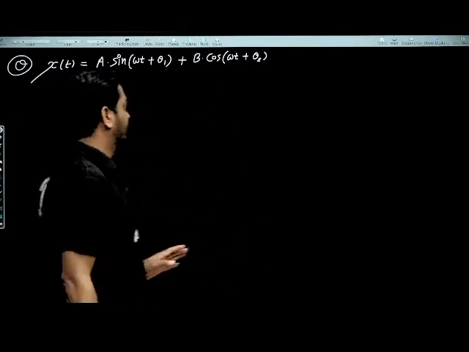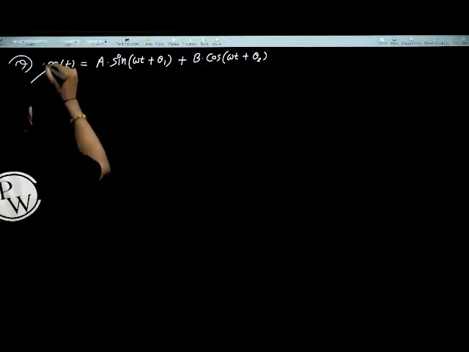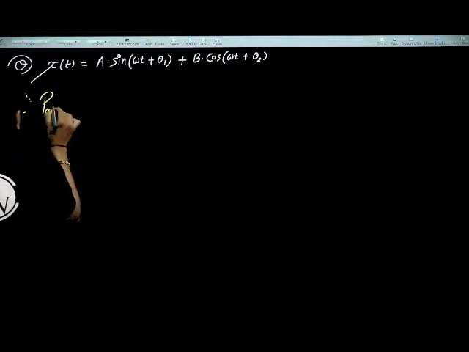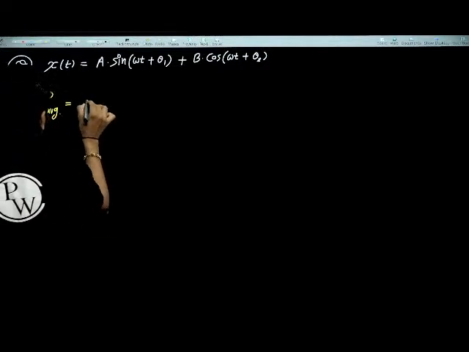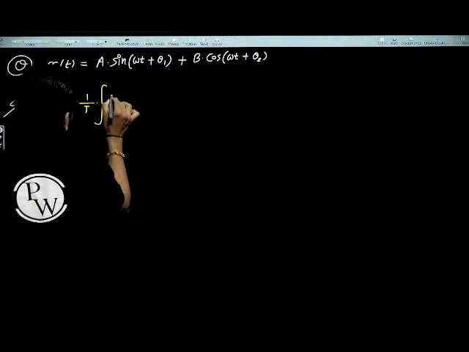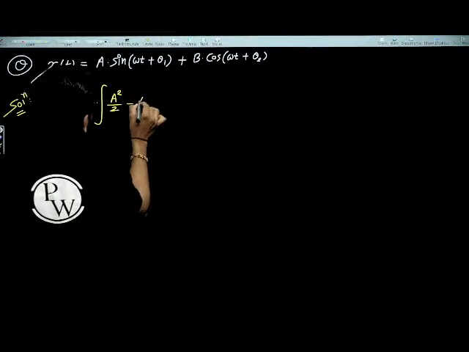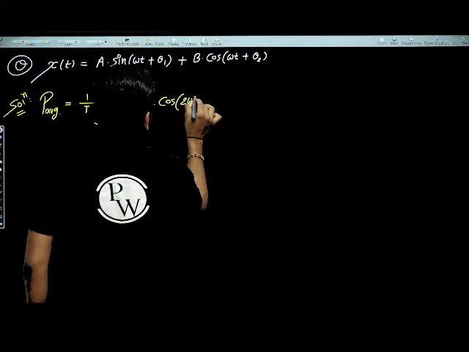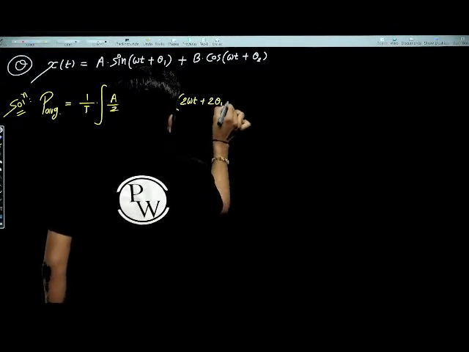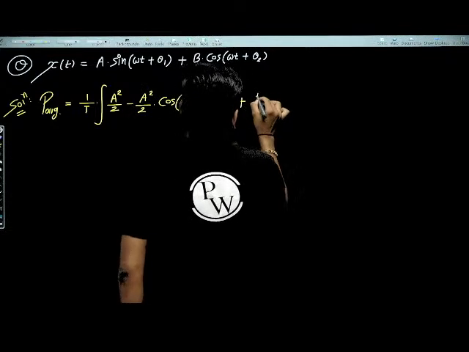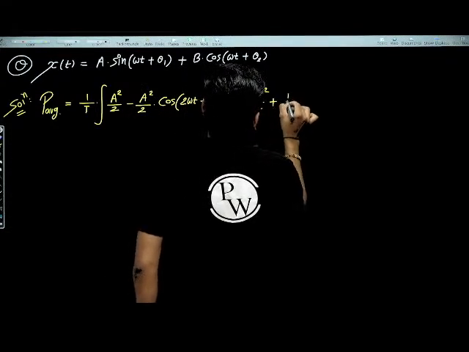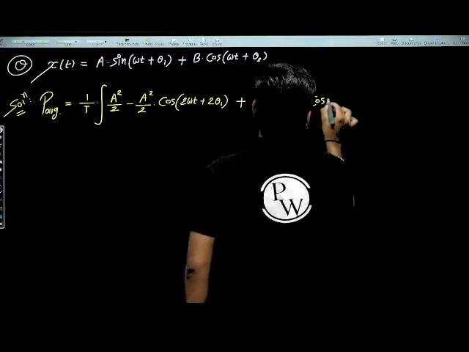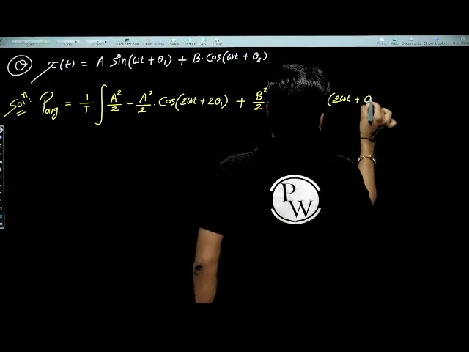Okay, let's see why. See the average power: 1 upon capital T integration of A square by 2 minus A square by 2 cos(2 omega t plus 2 theta 1), plus B square by 2 plus B square by 2 cos(2 omega t plus 2 theta 2).